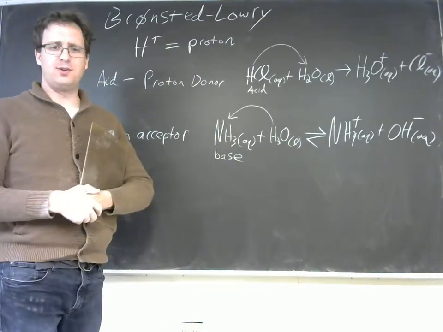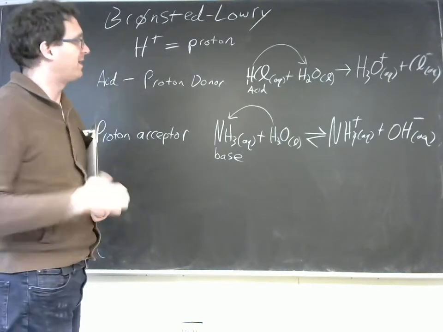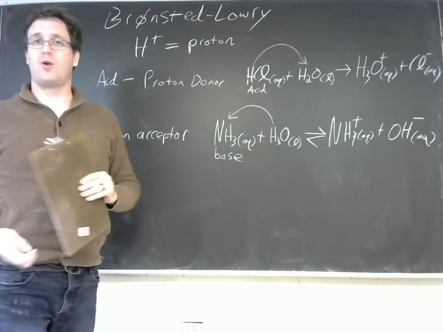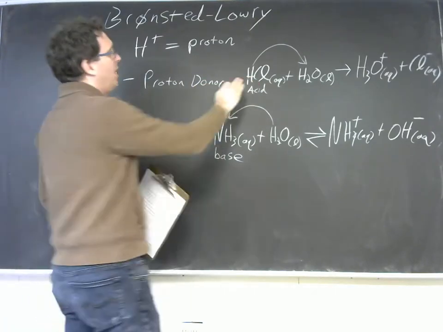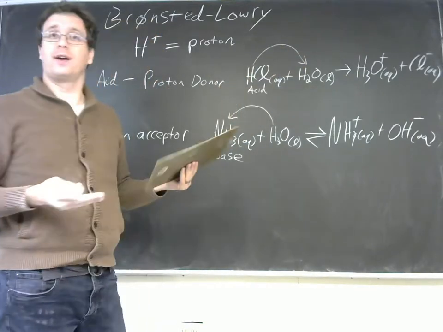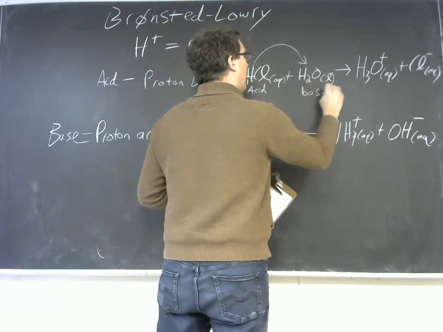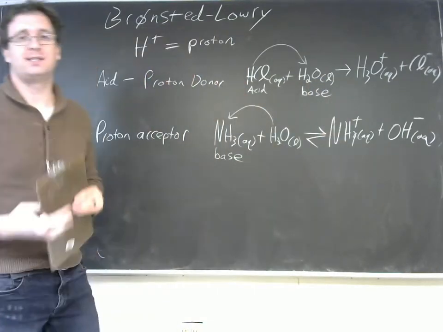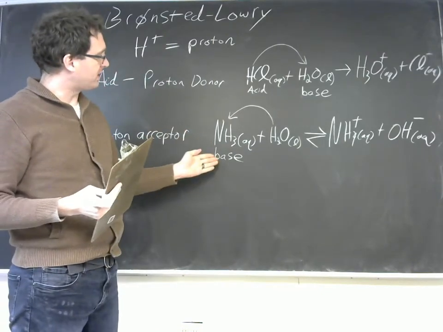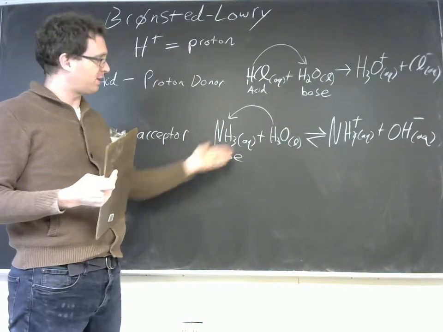And you cannot have an acid-base reaction without both an acid and a base. So now we can revisit this hydrochloric acid with water reaction, and we see that hydrochloric acid donated the H+ and water accepted it. And so that means that water is acting as a base in this reaction. And here we see that the ammonia is accepting a proton, but who donated that proton? The water did.